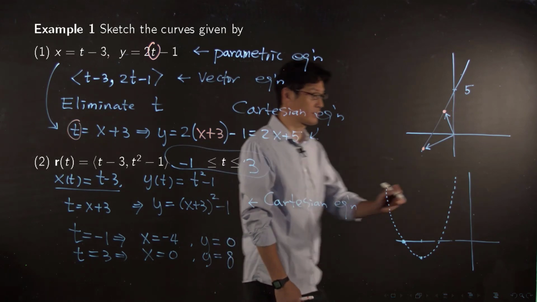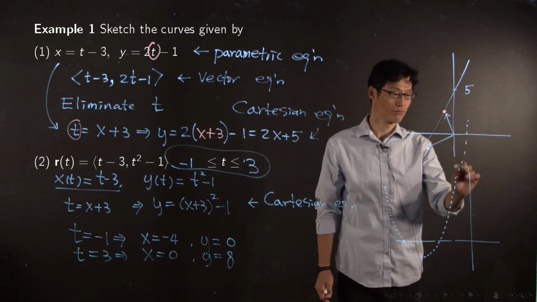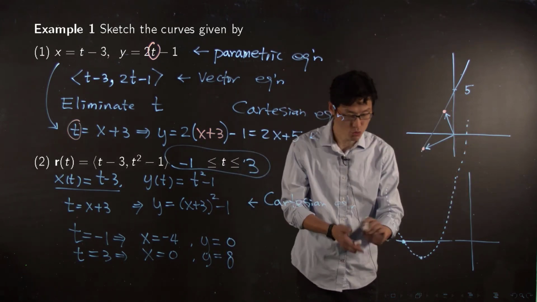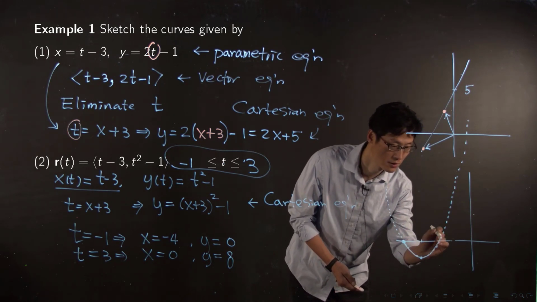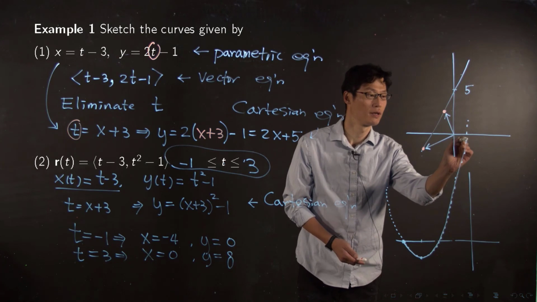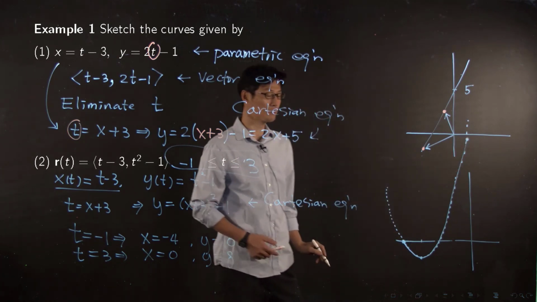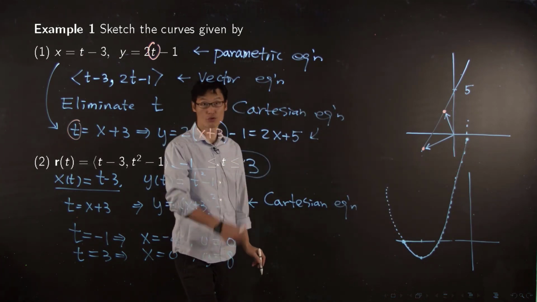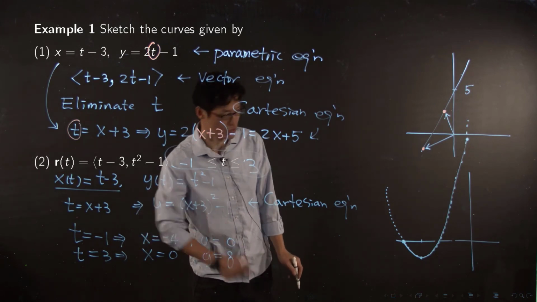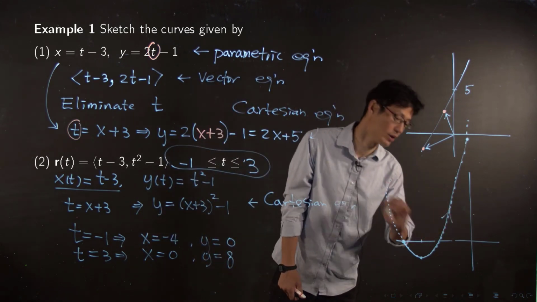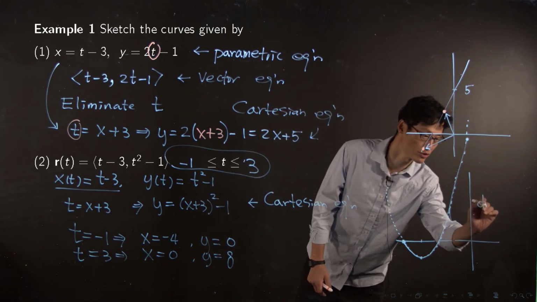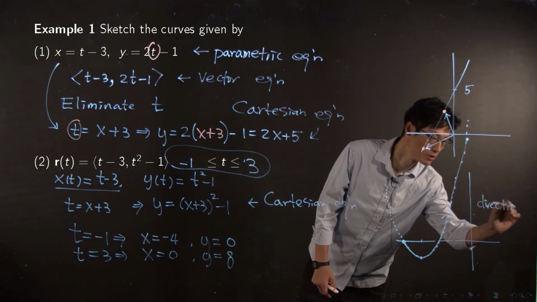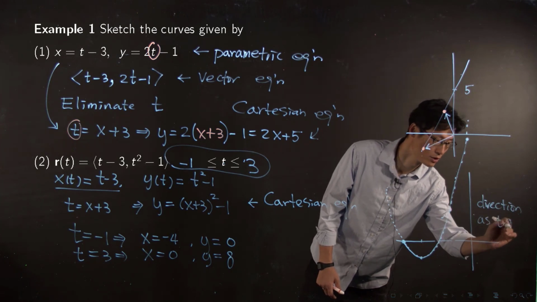So (0, 8). So you will take a portion like this. You can talk about the direction as well. As t grows, you are following this direction.